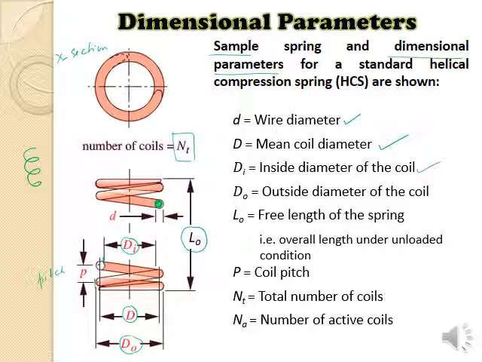This is the outer diameter of the spring coil. This is the free length of the spring, which is the overall length under unloaded condition. No load is applied. This is the coil pitch. This is the total number of coils. And then we define another parameter called NA, which is the number of active coils. And we'll soon see what we mean by active coil.